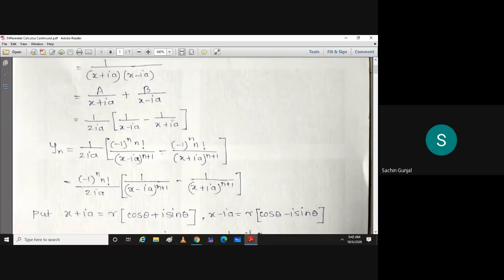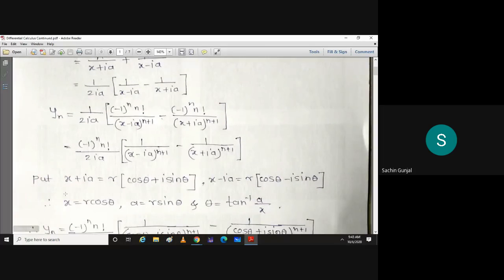Minus the nth derivative of this, which is minus 1 raised to n into n factorial, again 1 raised to n, that is 1 upon x plus ai raised to n plus 1. If you take minus 1 raised to n into n factorial out, you will have minus 1 raised to n into n factorial upon 2ai into the bracket 1 upon x minus ai raised to n plus 1 minus 1 upon x plus ai raised to n plus 1.